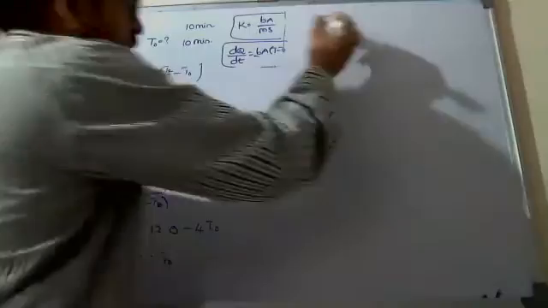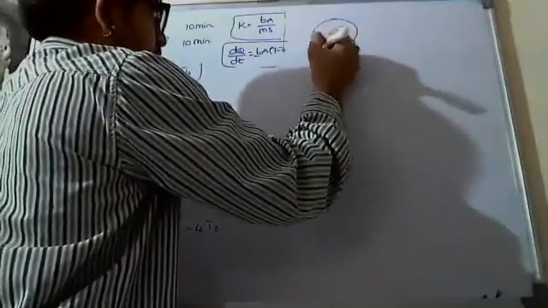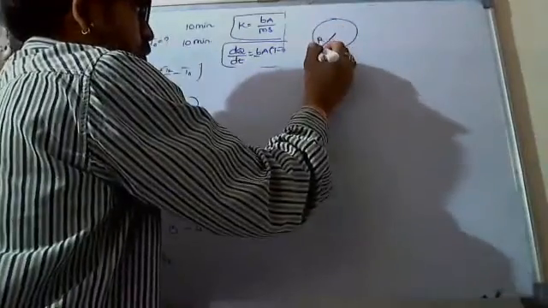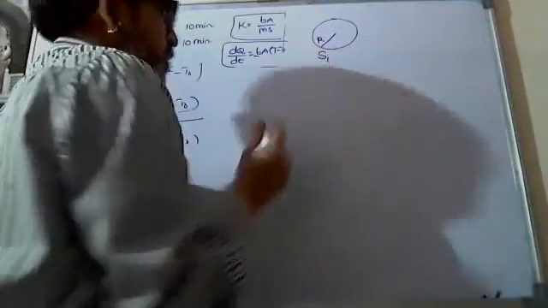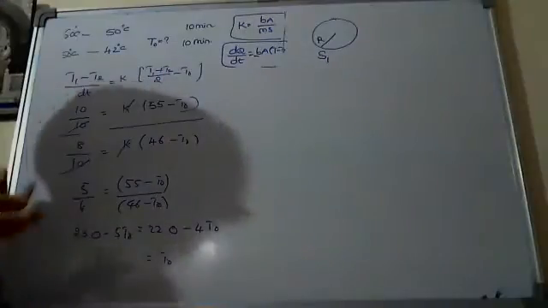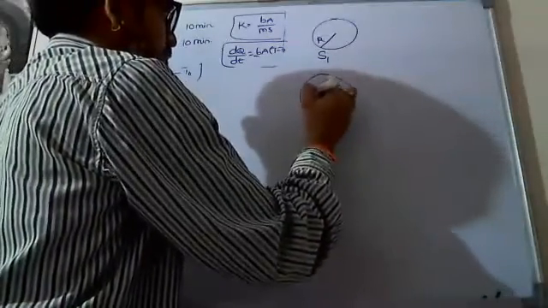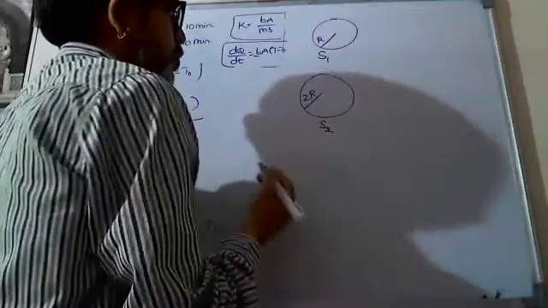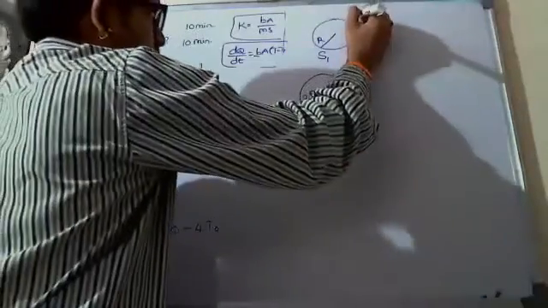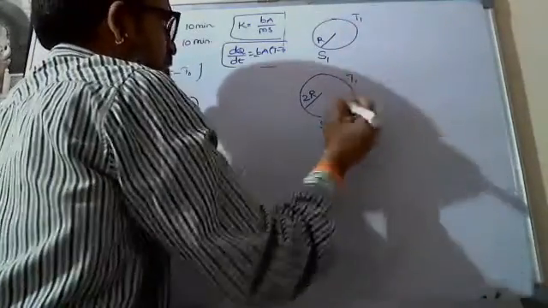This is one sphere of radius r made of a material of some specific heat S1, like iron or gold, and this is another sphere of radius 2r made of another material S2. Both are initially at a temperature T1.